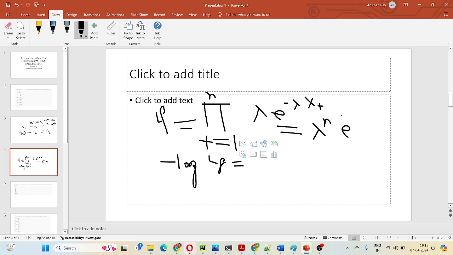In the exponential you can change it to a summation over t of lambda e to the power minus lambda xt. Now taking the logarithm, the negative is also there: n log lambda.